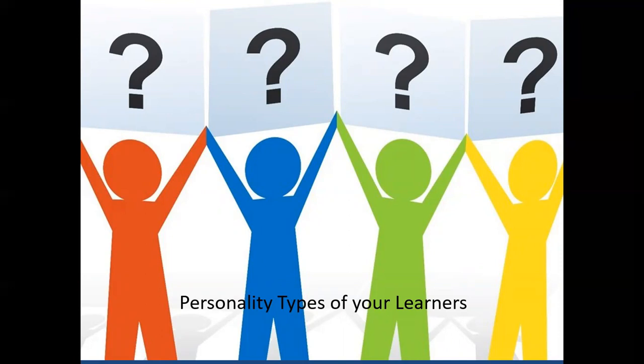And what you're going to hear here is a slight tweak on the Honey and Mumford information. However, when you know the 4 personality types, you're much more able to use them strategically in how you set up activities, what activities you give them, and how you pair people up in groups.